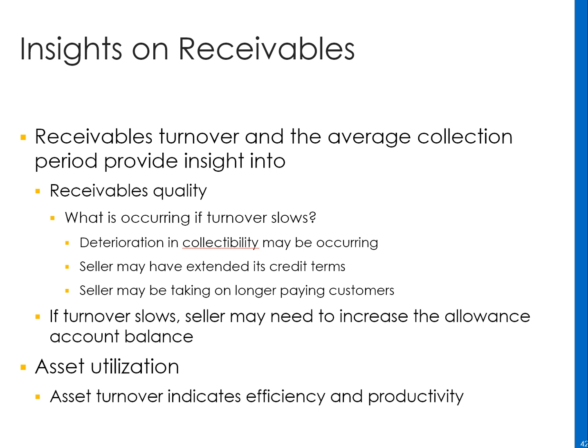Or it's possible the seller may have extended its credit terms, giving customers longer terms to pay. Or the seller may be accepting customers who are only willing to pay on a long-term basis. In those cases, the receivable quality will be lower.